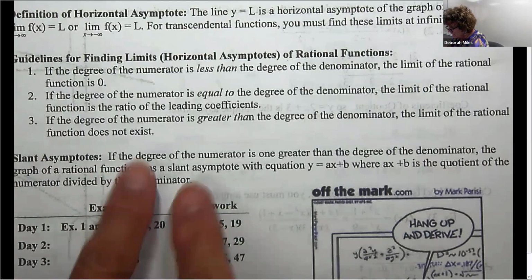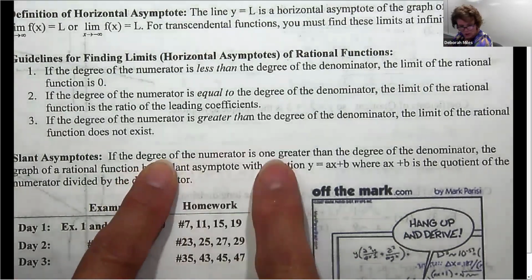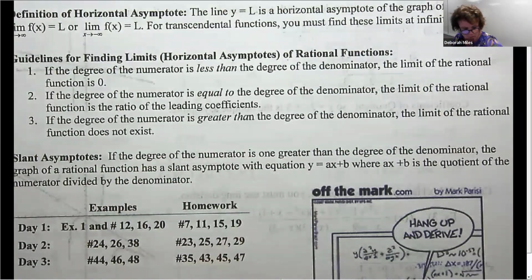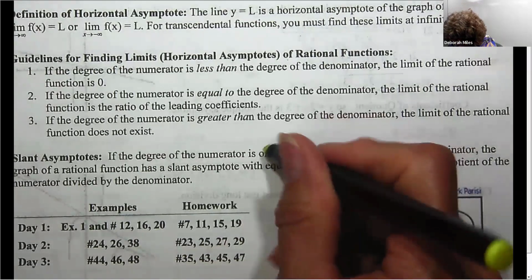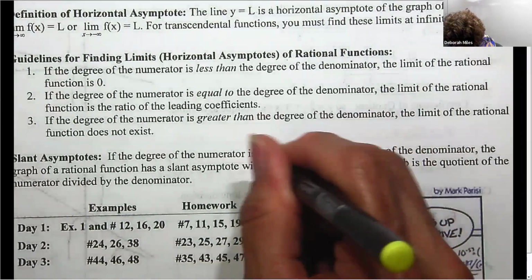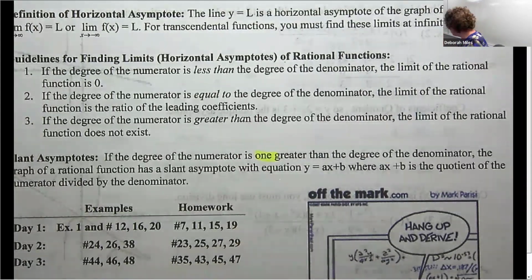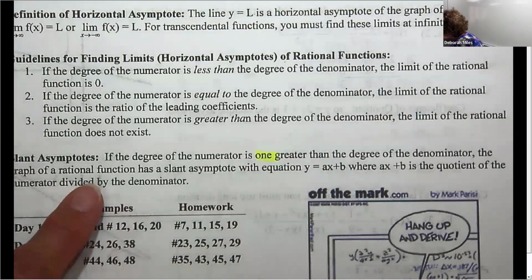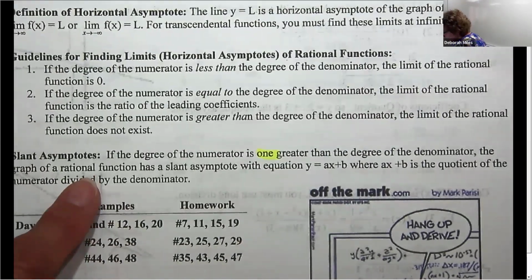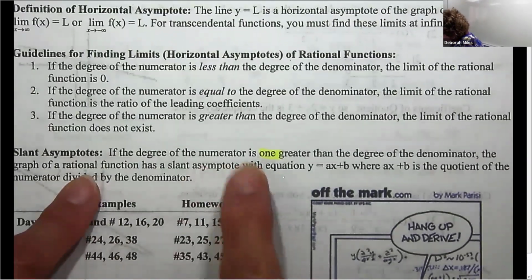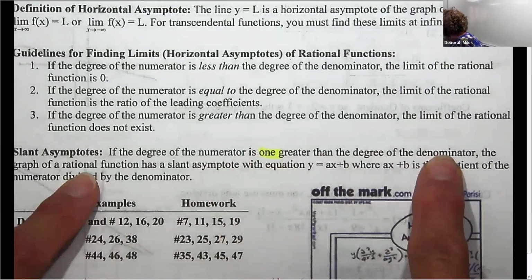However, if the degree of the numerator is just 1 more than the degree of the denominator, something special happens. And that special thing is called a slant asymptote. Slant asymptotes occur when the degree of the numerator is 1 more than the degree of the denominator.